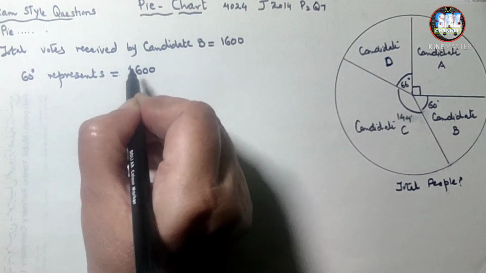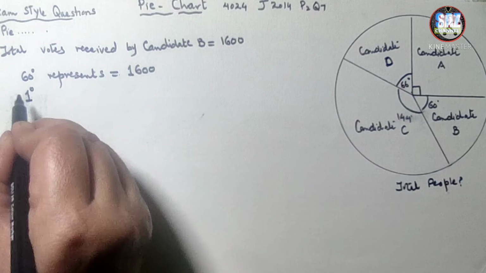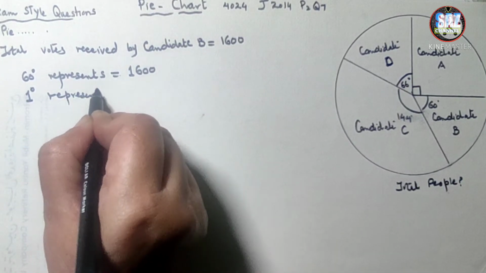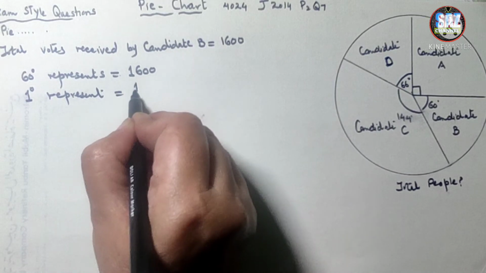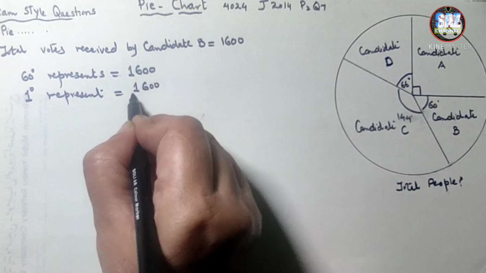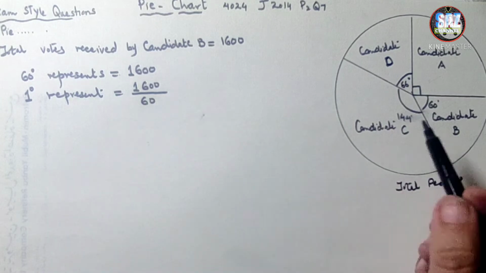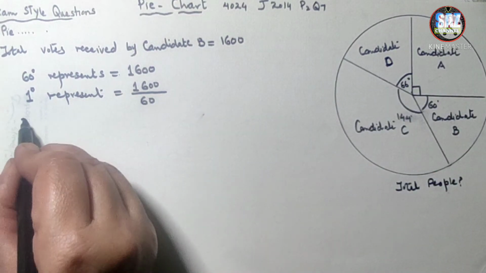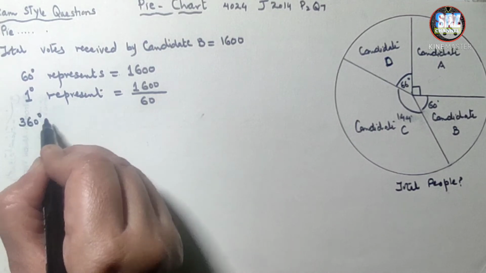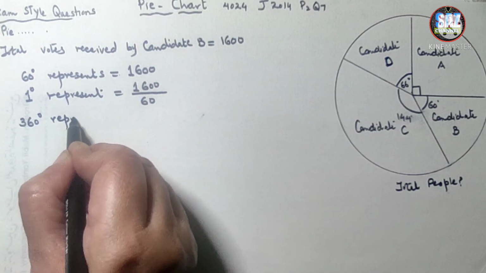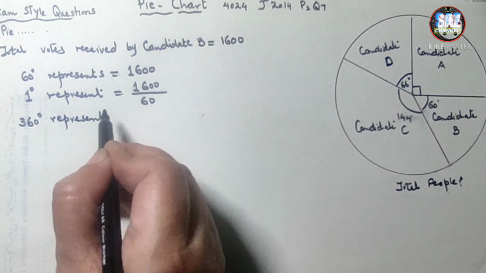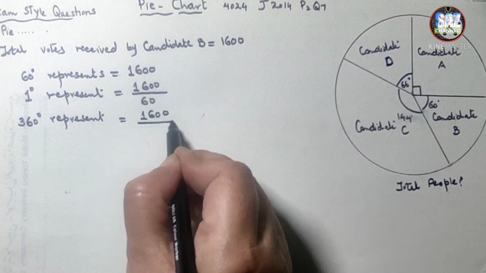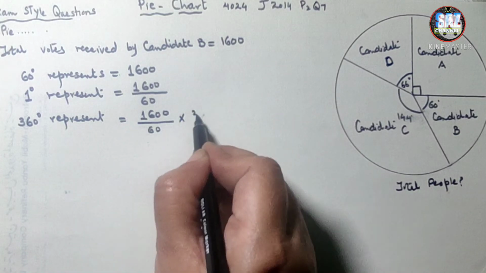We will be applying the unitary method here. 1 degree will be representing 1600 divided by 60, and as the sum of all of the angles is 360 degrees, 360 degrees will represent 1600 divided by 60 multiplied by 360.